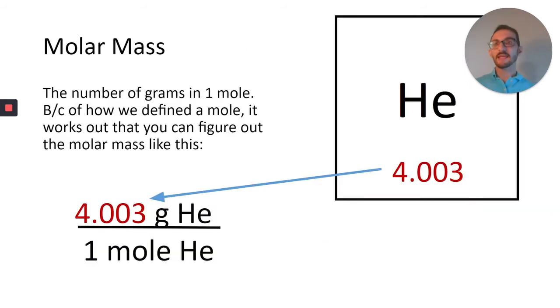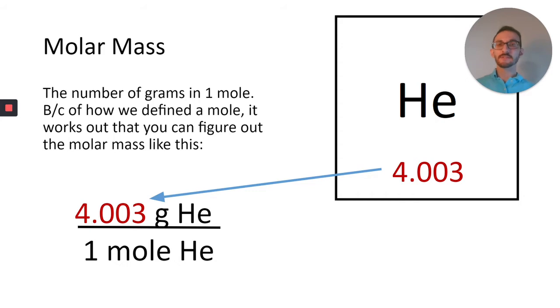Because of the way that we defined a mole, the number of atoms in 1 gram of hydrogen, that makes it really easy for us to figure out the mass of different elements in 1 mole.